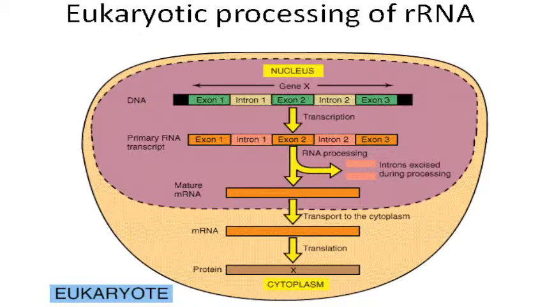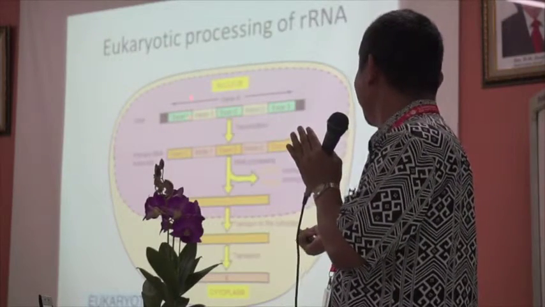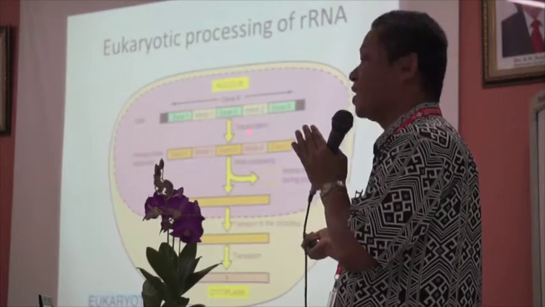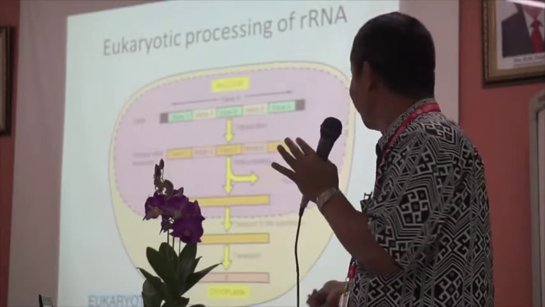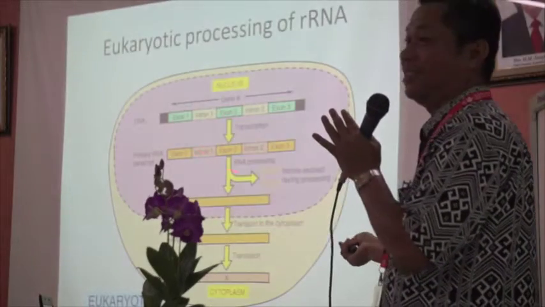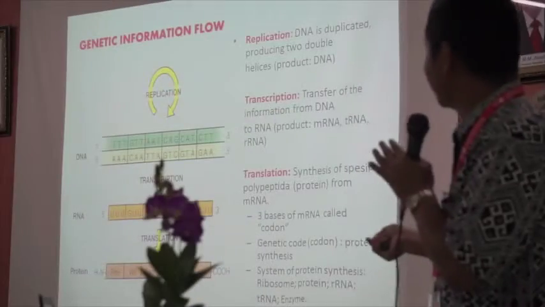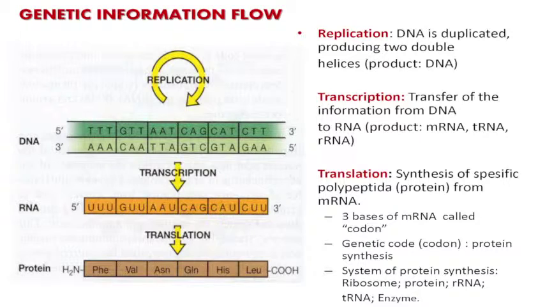So it is actually very difficult to predict the protein residues, the amino acid residues, from the eukaryotic cell compared to the prokaryotic cell, because of the processing in the eukaryotic cell.